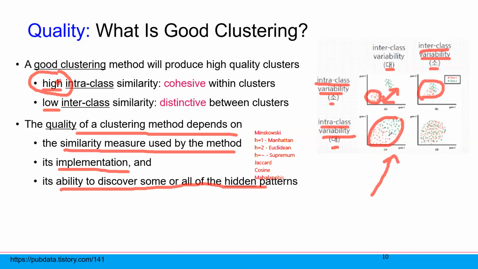Then actually we can see those are two groups, but it's diverse. If the interclass variability is high and the intraclass variability is low, then it is difficult to find the good clusters.